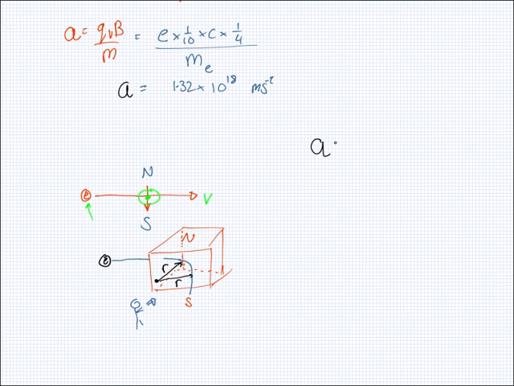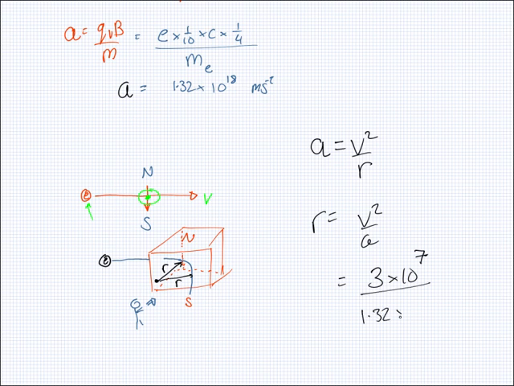You have to use the formula from circular motion. So R equals V squared over A, which is 3 times 10 to the 7 over 1.32 times 10 to the 18.